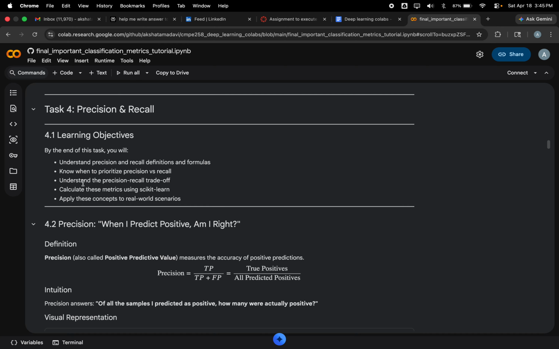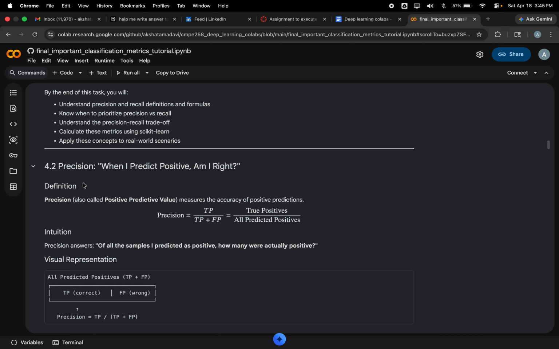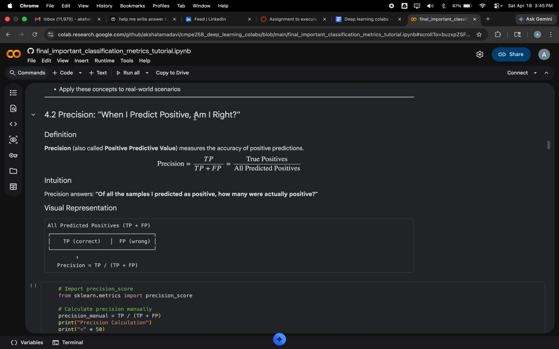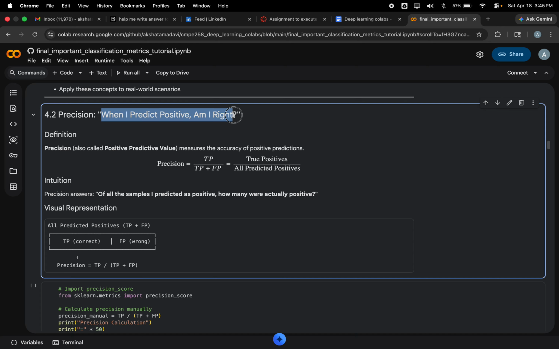Now let's look at precision and recall. Precision asks the question: when I predict positive, am I right? It's also known as positive predicted value.